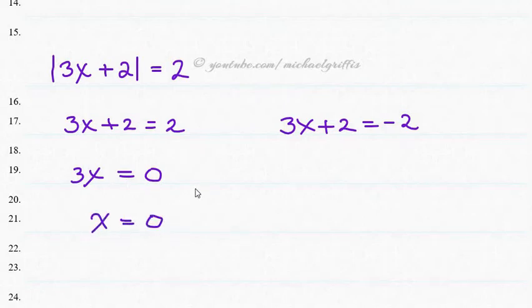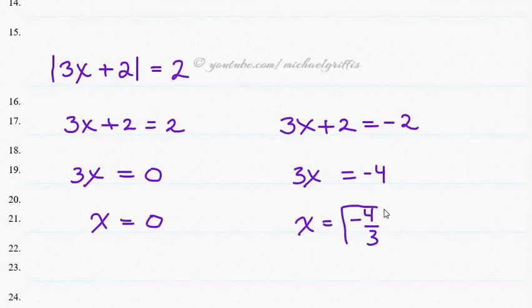So in this particular case, we get x is equal to 0 as one of the solutions. Let's look at this one. Multiply both sides by 1/3. Alright, so here are our two solutions. You can always plug them in, test them, make sure they're correct.